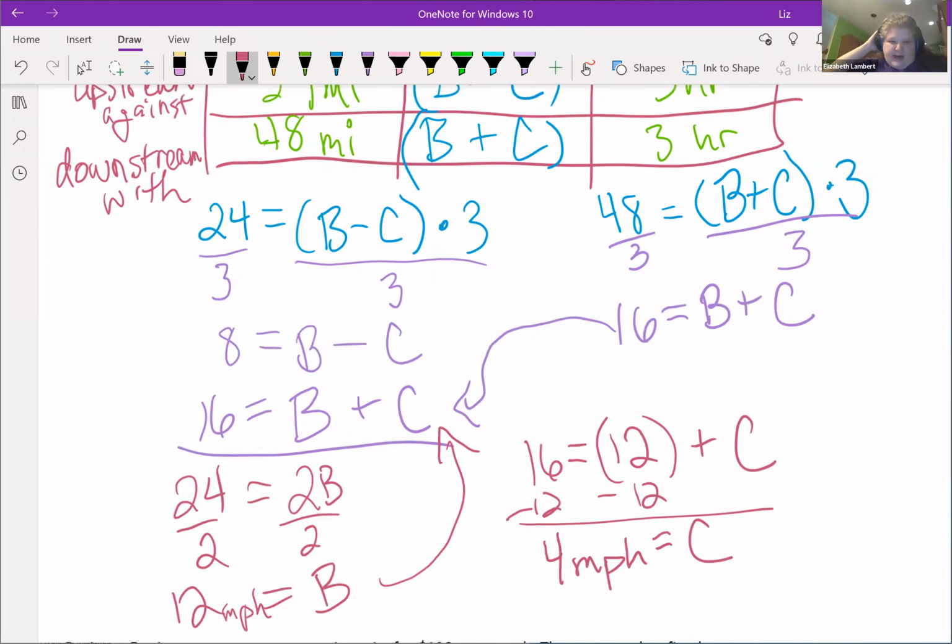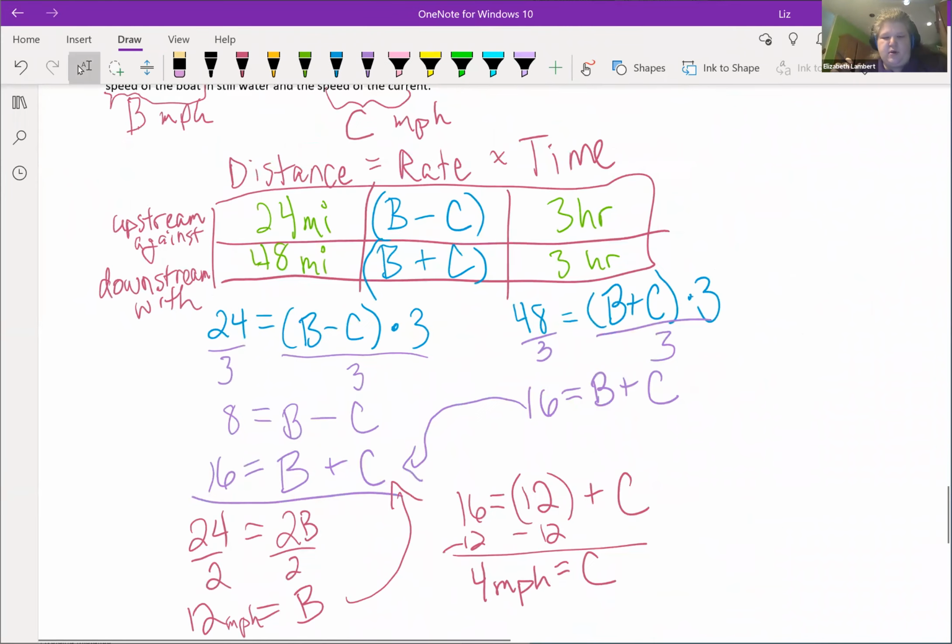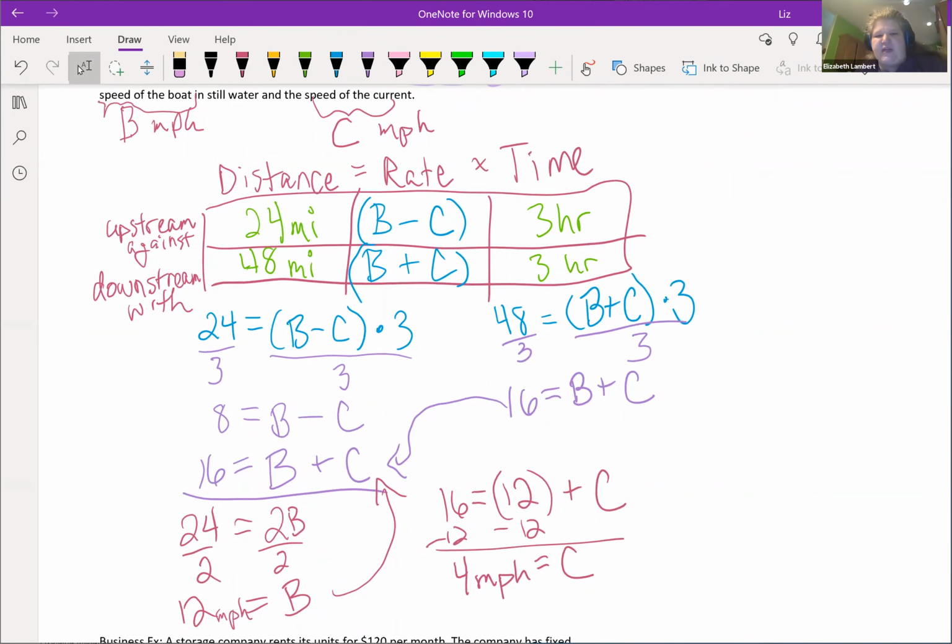So on my upstream trip, you've got 12 minus 4, only 8 miles per hour. 8 times 3 is 24 miles. Then when I go downstream, now I'm going to add 12 plus 4. I'm effectively going 16 miles per hour. And in 3 hours, I am indeed going to go 48 miles.